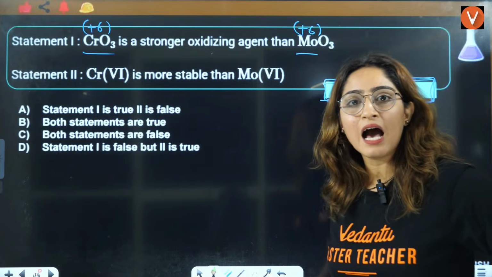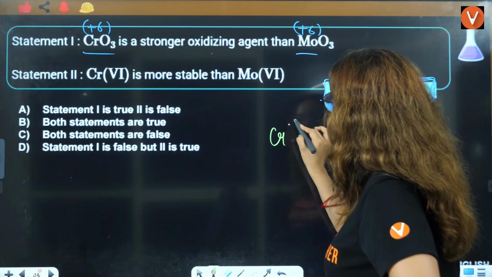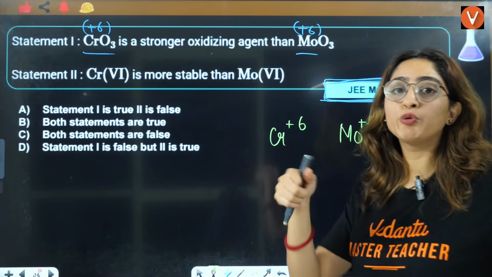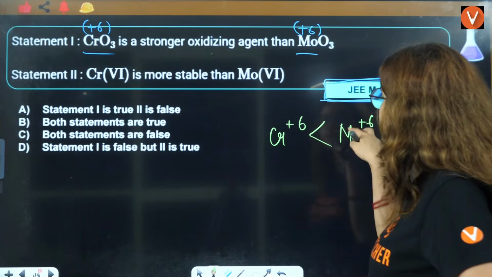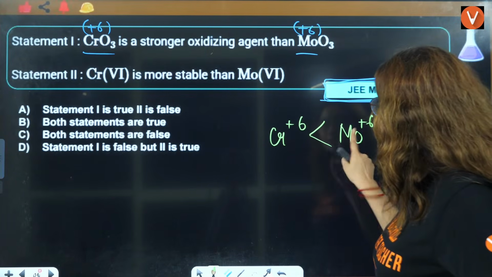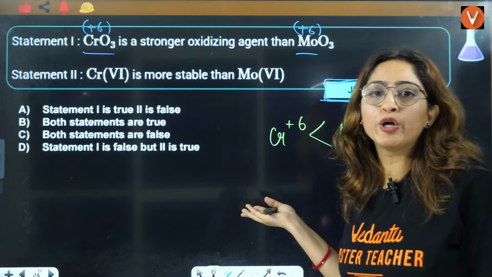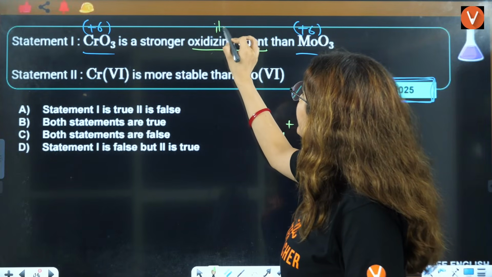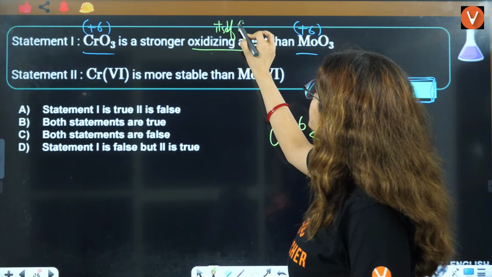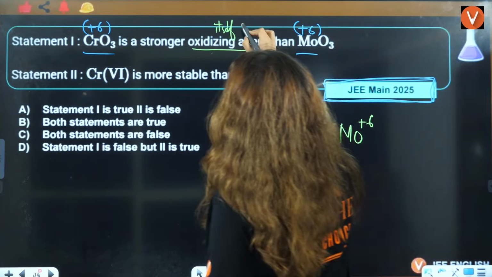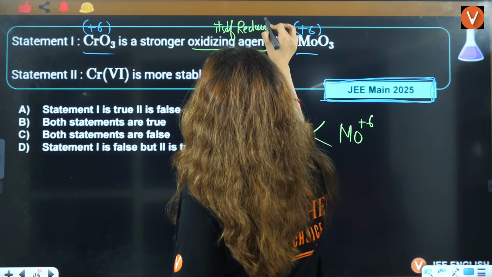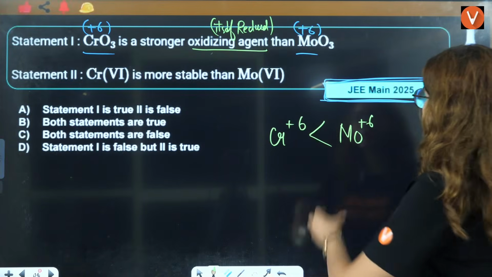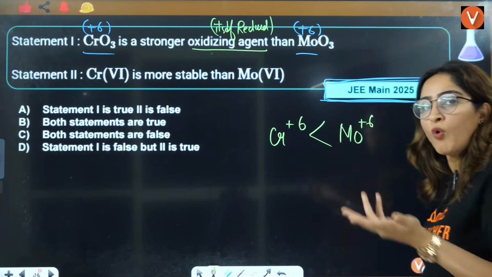So, Cr6+, right? And this is molybdenum 6+. Down the group, the stability of higher oxidation state increases. This is more stable, so it doesn't want to get reduced. Oxidizing agent means itself reduced, which means a decrease in oxidation number. Because Mo is stable in +6, it does not want to get reduced.